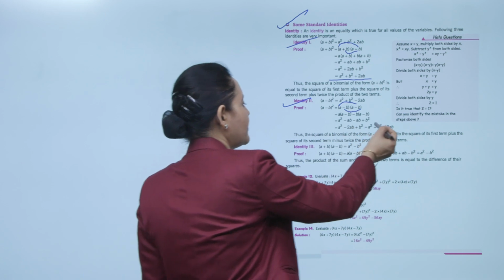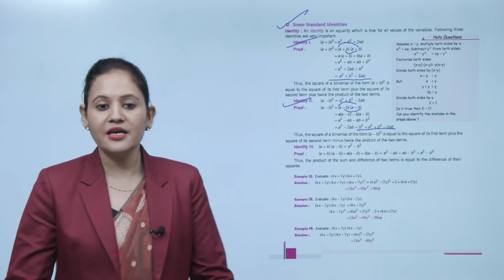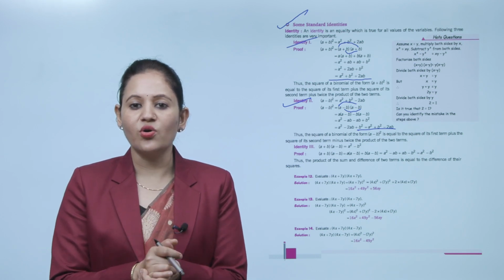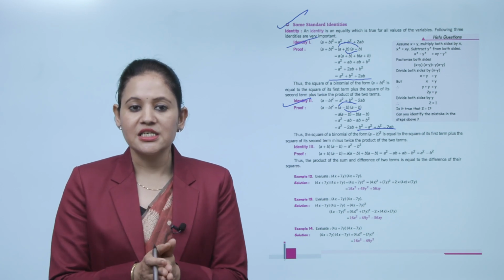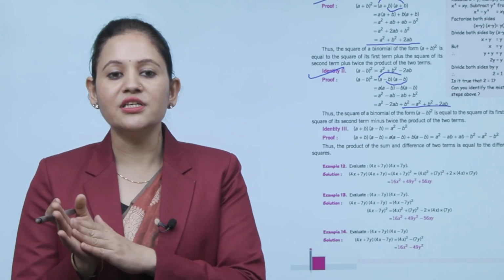Rearrange करेंगे a square plus b square minus 2ab. Clear? Thus, the square of binomial of the form a minus b whole square is equal to the square of its first term plus square of its second term minus twice the product of the two terms.